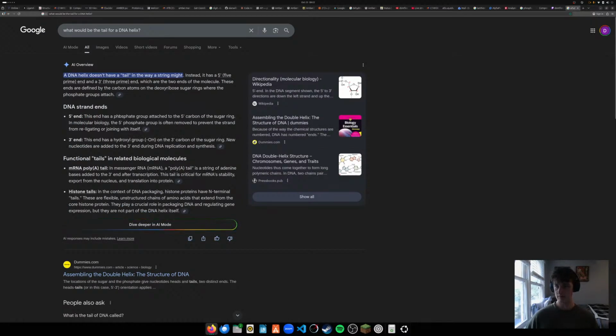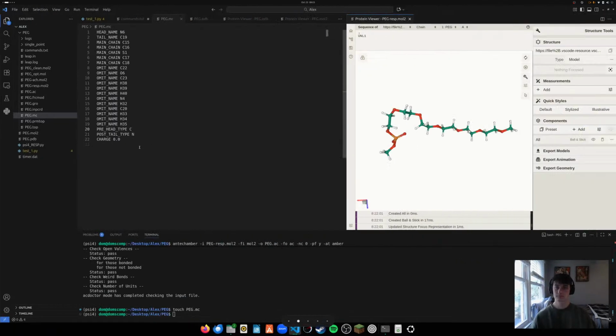Okay, so the 5', the 3' has a hydroxyl group. So it goes 5 to 3. So I guess the phosphate would be the head. That's my guess. I don't know if it really matters, but so we need to attach it right here.